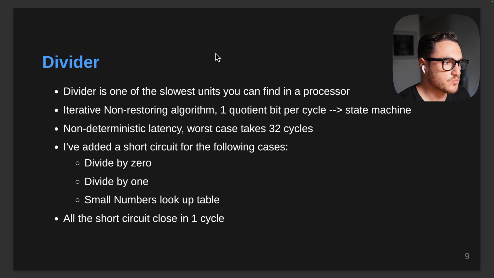Okay, so this is why I've added a series of short circuits to free the unit for very naive cases, like divide by 0, divide by 1, and for small numbers, we're going to use a lookup table. Okay, and all those short circuits close in one clock cycle instead of potentially 32.